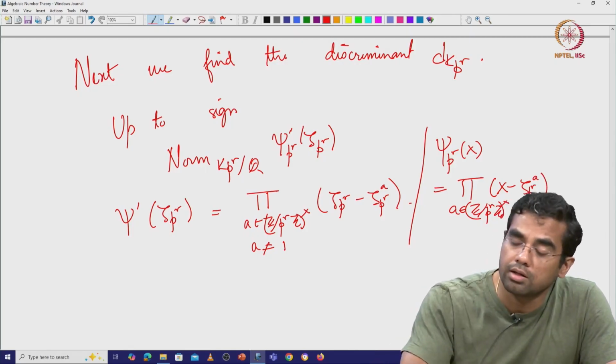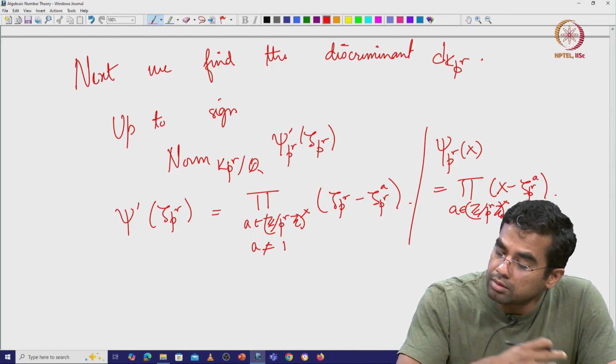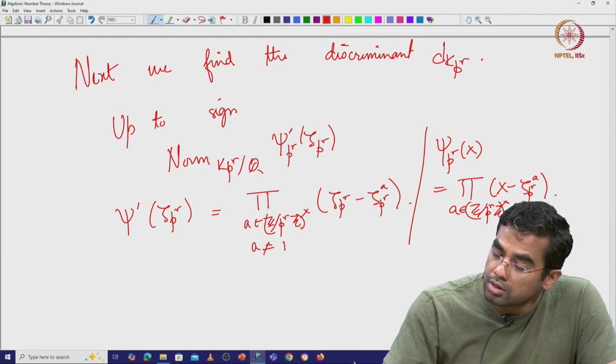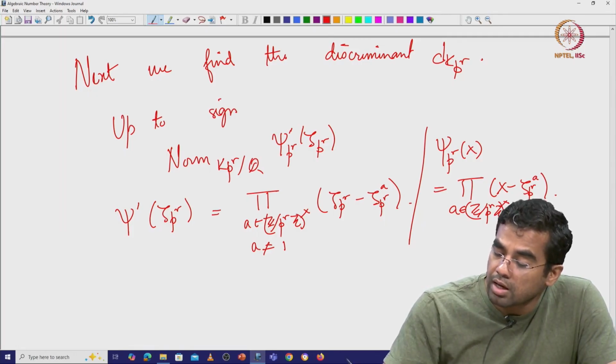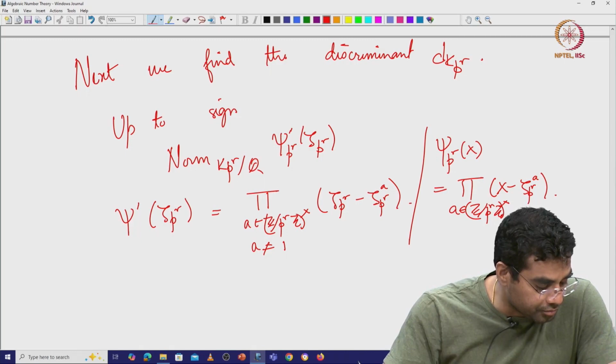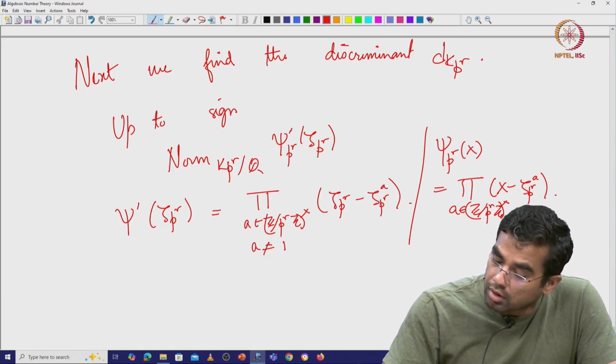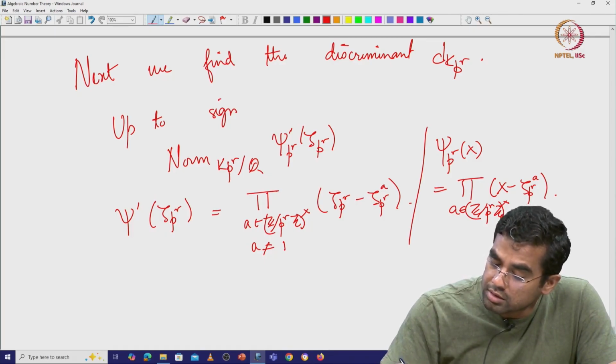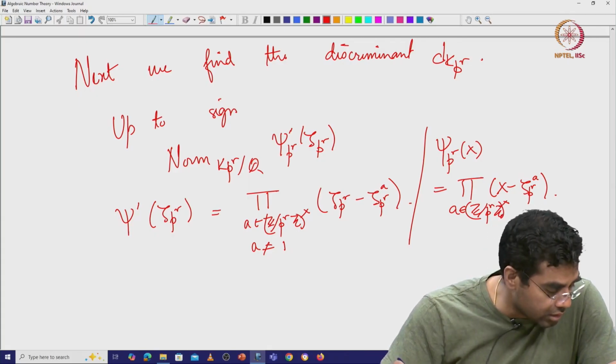If I take the derivative and apply the product rule, I will get a sum of some products, and if I plug in x equal to zeta p to the r, the only term that will remain is the one corresponding to taking the derivative of x minus zeta p to the r, and in that case I will just get zeta p to the r minus zeta p to the r to the a for a not equal to 1.